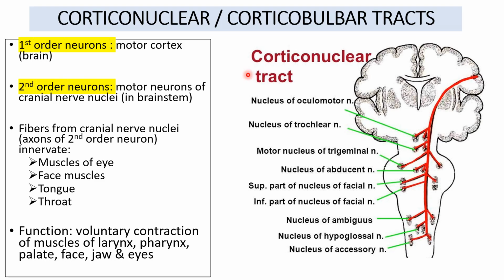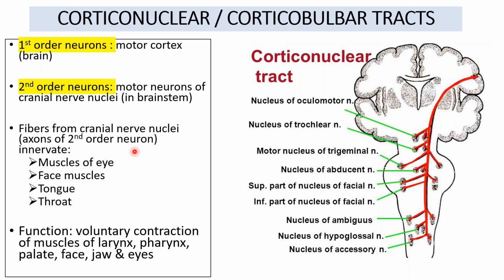Now, pyramidal tracts were corticospinal and corticonuclear. So a brief about the corticonuclear tract. Corticonuclear tract, as the name suggests, runs from the cortex to the cranial nerve nuclei level. The first order neurons are present in the motor cortex, and they descend to synapse with the motor neurons of the cranial nerve nuclei at the level of the brainstem.